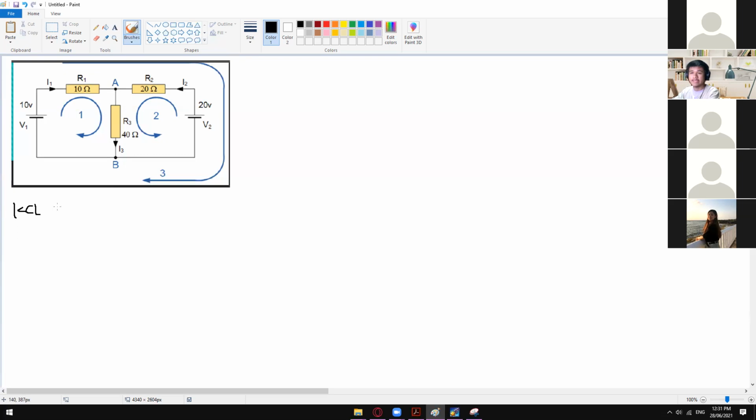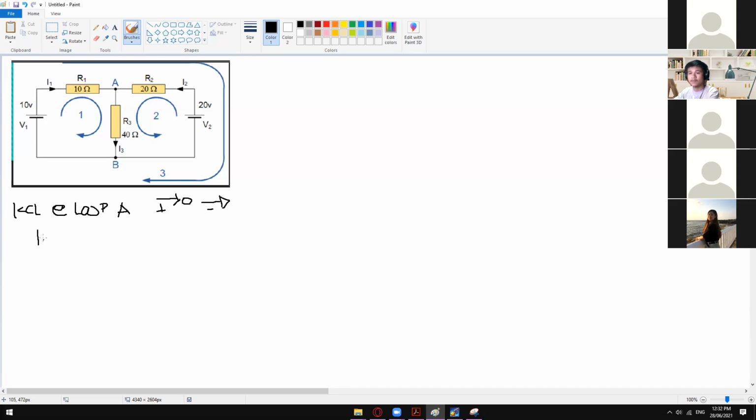So we could say KCL at node A. If current is entering a node, that's positive. But if it's leaving a node, then that's negative. That's the signage you have to follow when forming an equation for KCL. So KCL at node A, as you can see, we have I1 entering and I2 entering.